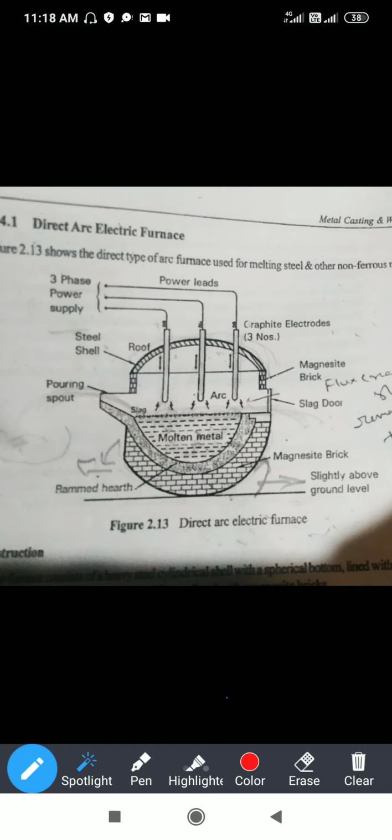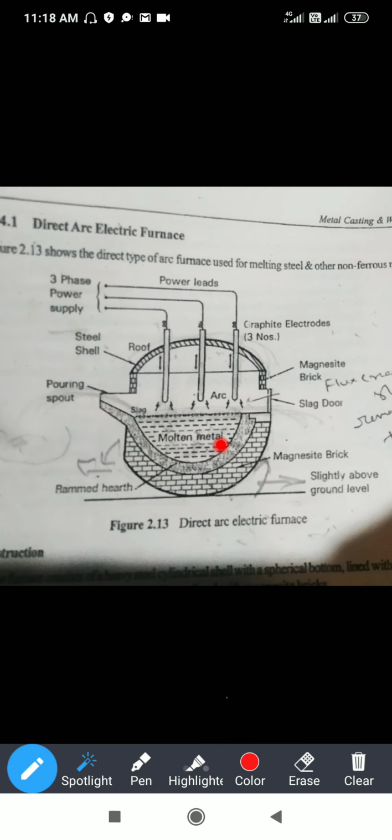Once the arc is generated, a gap is produced between the graphite electrodes and the workpiece, by which the electrical energy is converted into heat energy and produces heat inside the furnace, which makes the metal melt.